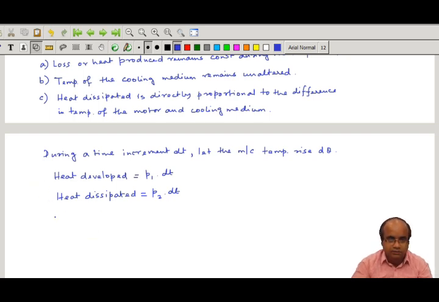Now heat absorbed inside the machine. Heat absorbed is P1 dt minus P2 dt.